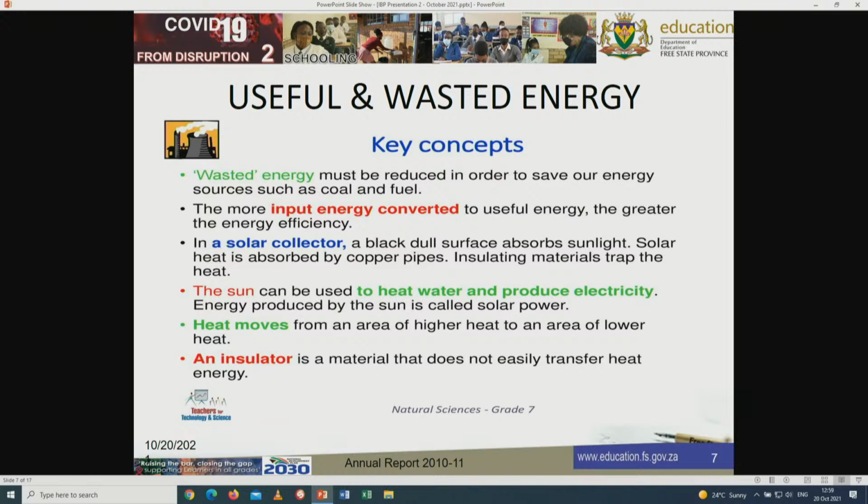When we put in energy, we use that energy correctly, so we are able to save that energy. The more input energy converted to useful energy, the greater the energy efficiency. I said key or most important concepts.